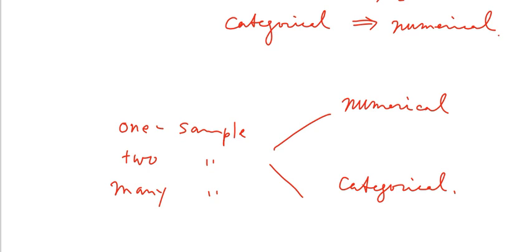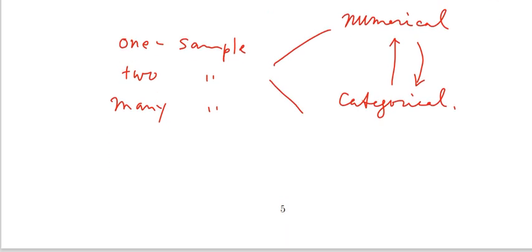Two or many categorical is the two-way table. Also, categorical data can be changed into numerical data, and numerical data sometimes can also be changed into categorical data, right?